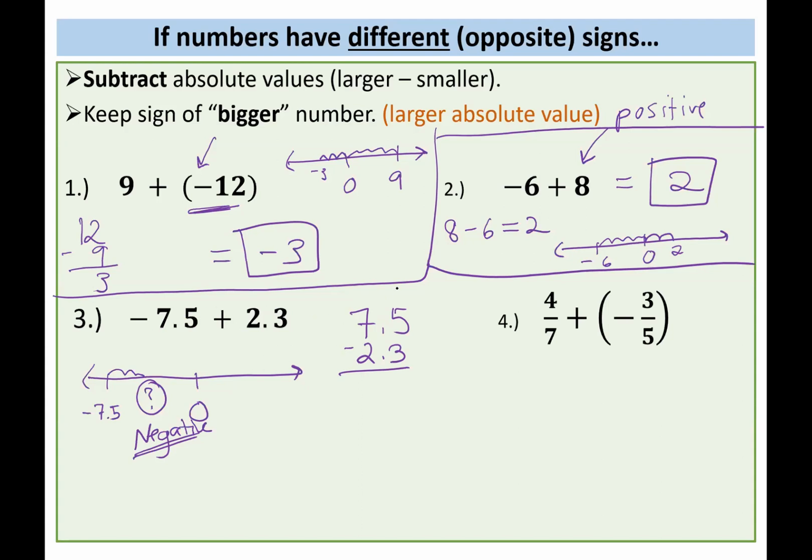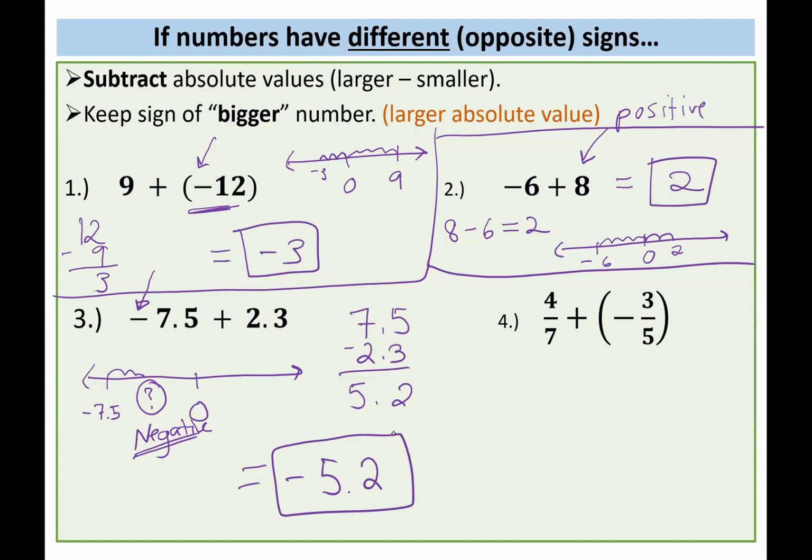Because the signs are different, I'm subtracting. 5 minus 3 is 2, bring down the decimal, 7 minus 2 is 5. So when I subtract, I'm getting 5.2, but based on my little number line sketch, and based on the fact that the bigger number is negative, I know my answer should be negative. So my answer here is negative 5.2.